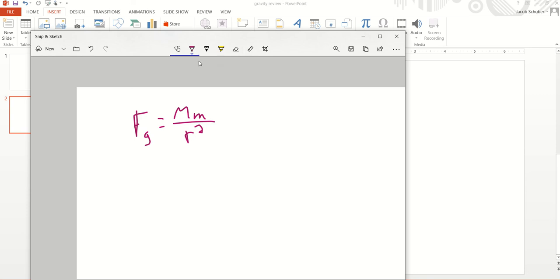Excuse me, I'm going to get my problems mixed up here. Try this again. So Fg is equal to big G. Then we'll call it M1 and M2 instead of big M and little m, since the Earth isn't a factor here.